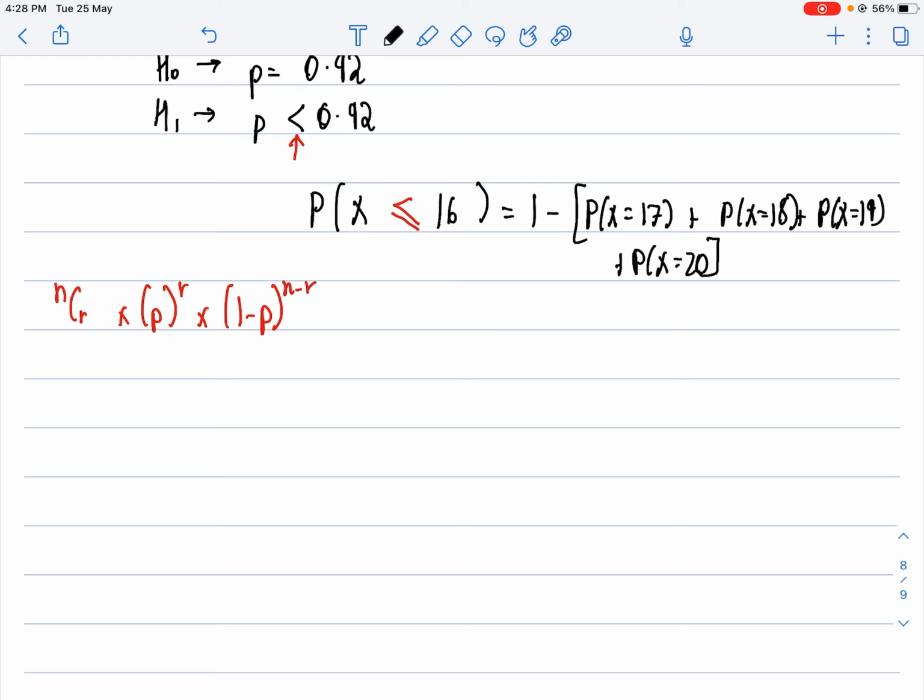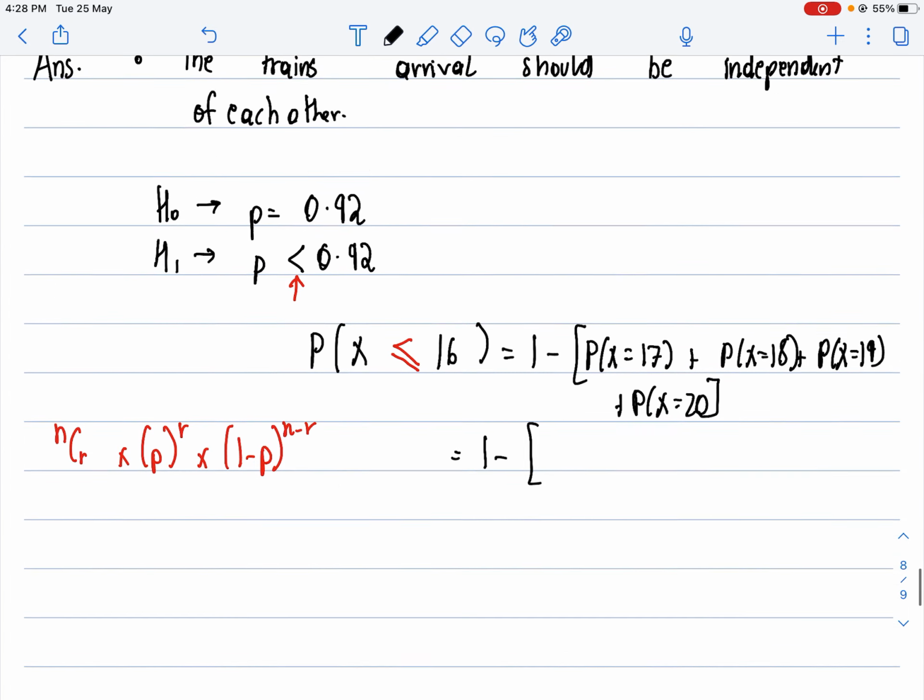So I can use this as 1 minus, where I know my n is 20.